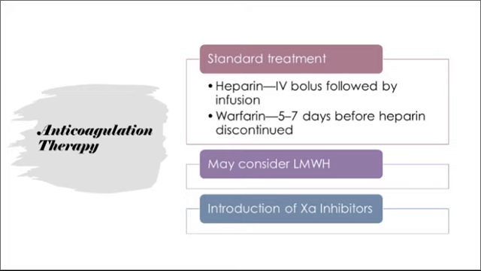They may consider doing low molecular weight heparin, which is your enoxaparin, or Lovenox is the one we've talked about. Anticoagulation therapy is often started even if there's no PE, but they are high risk.